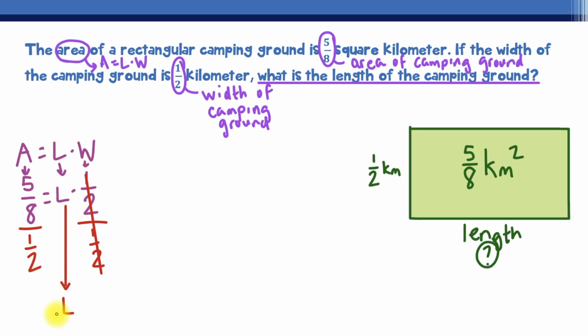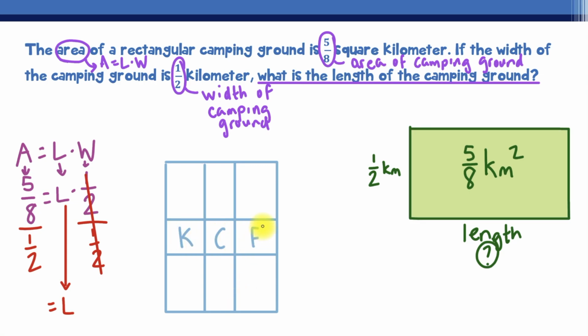We'll bring down the equal sign, and then divide 5/8 by 1/2, and the result of that will give us the length. Now whenever we're dividing fractions, the best thing to do is set up a KCF table. The 5/8 will go on top of the K because that's our first value.